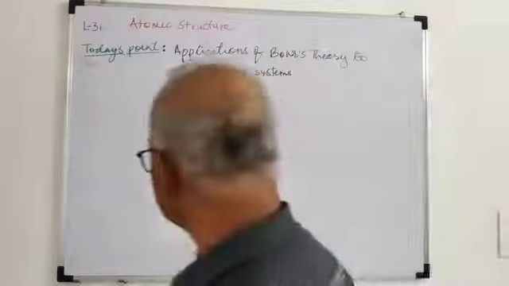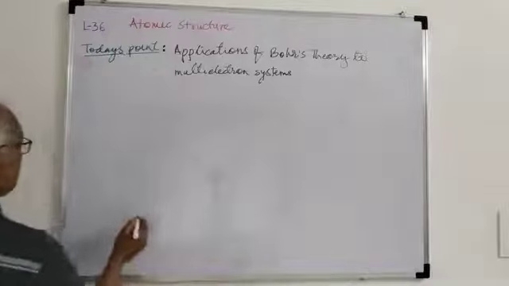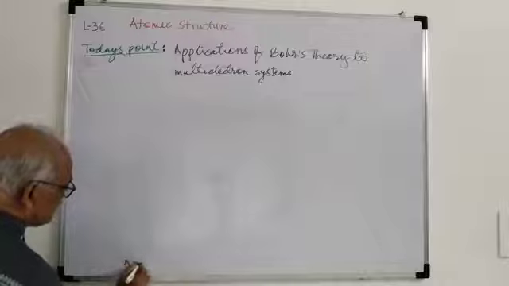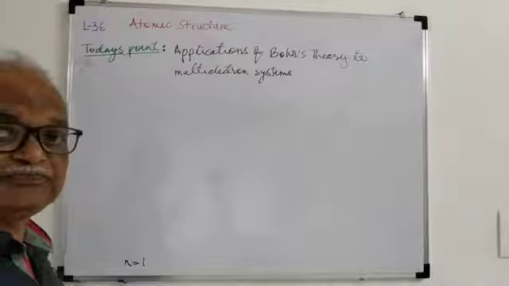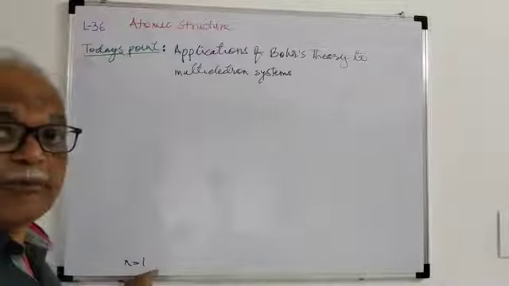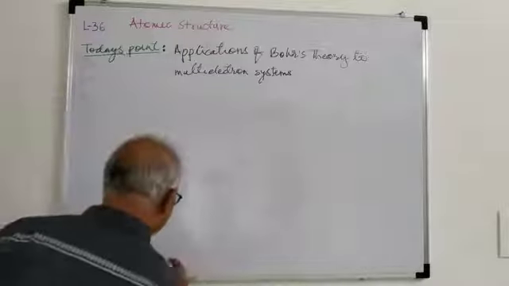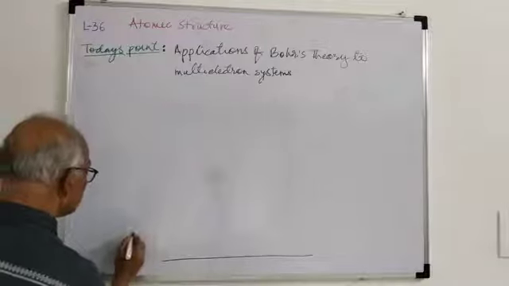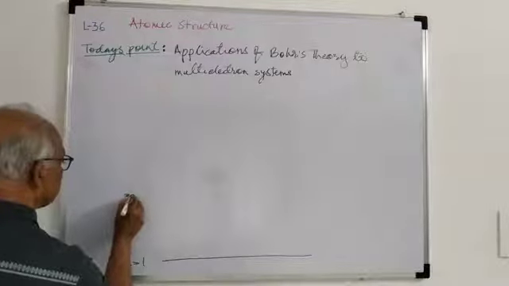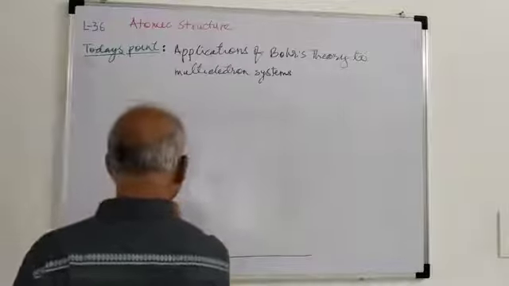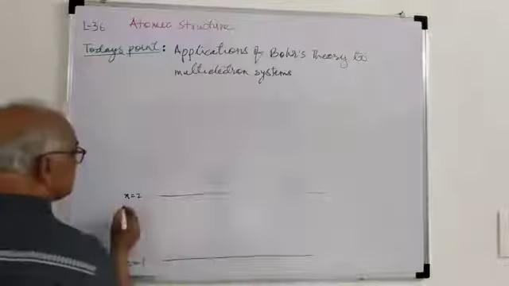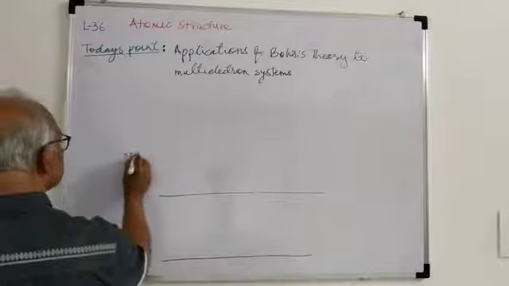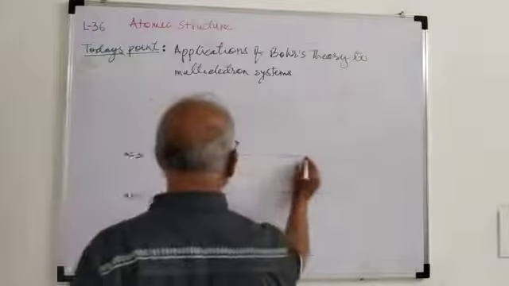Here, when we consider n equal to 1, that is the first orbit, the energy level of this orbit is like this. Then for the second orbit, n equal to 2, the energy level is like this.